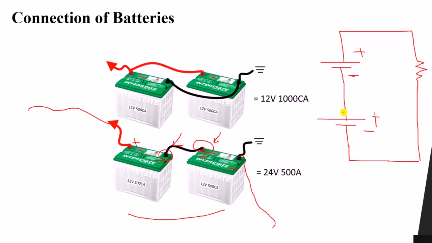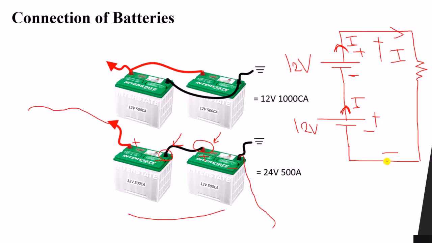So what will happen here? The current coming from the first battery is equal to the current going out from the second battery. So the total current is also the same current. If this one is I, this also will be I, and the current going to the load is I. However, the voltage across the load, from here to here, is a summation of the 12 volt and another 12 volt.